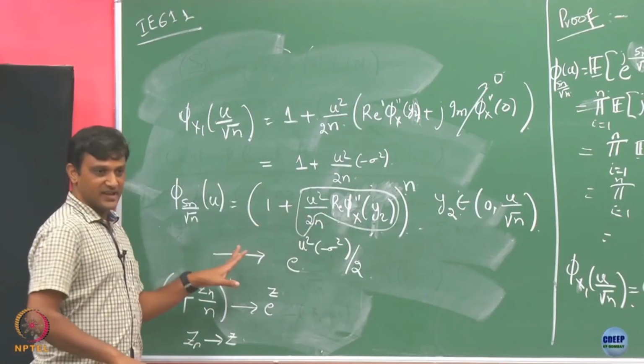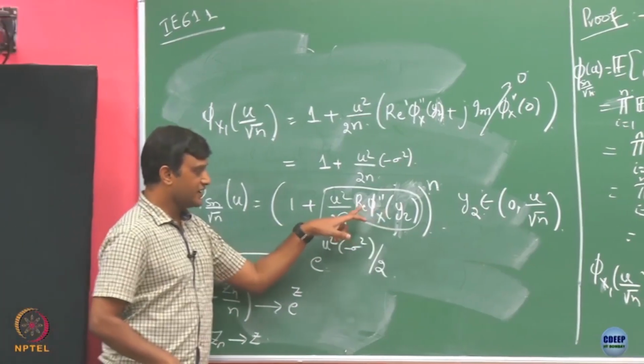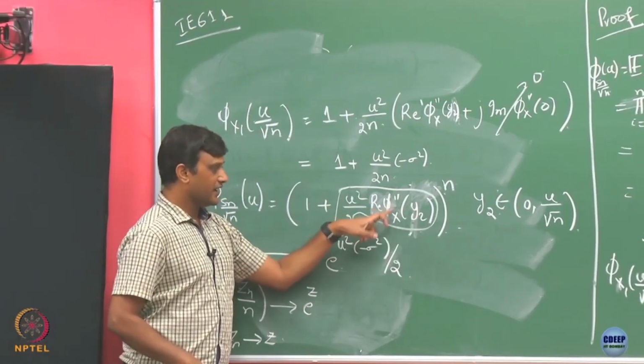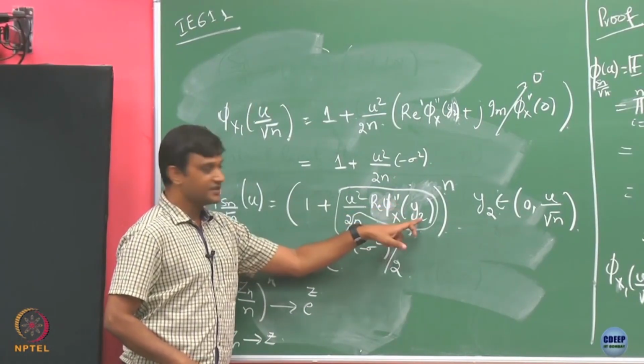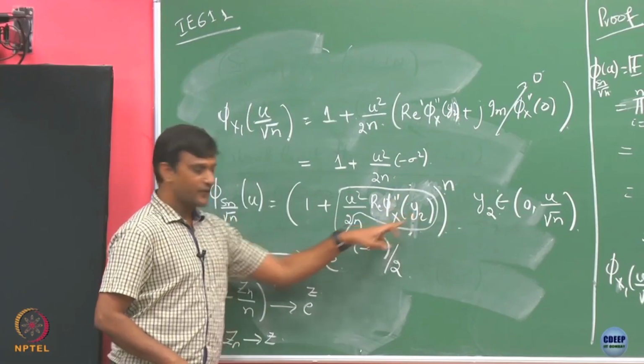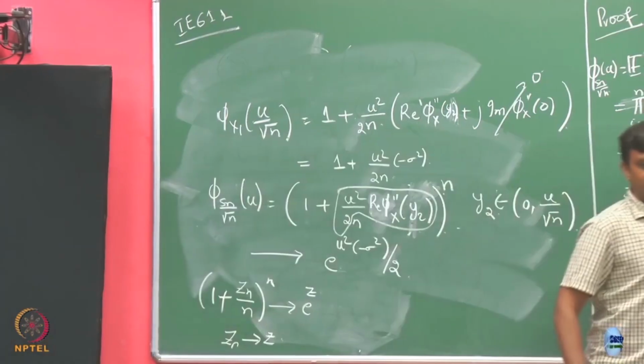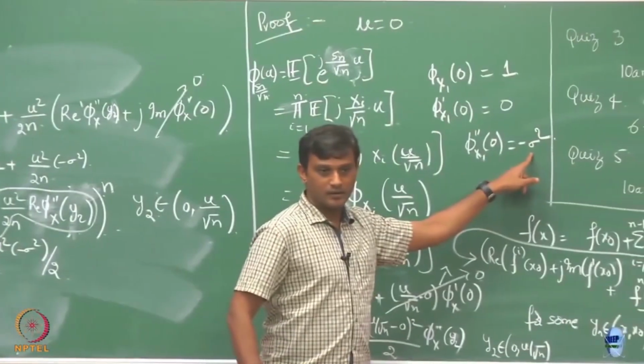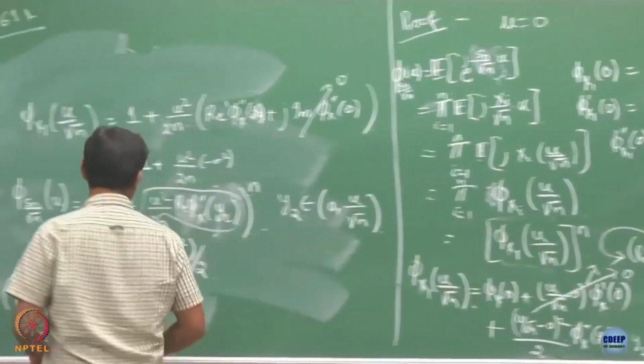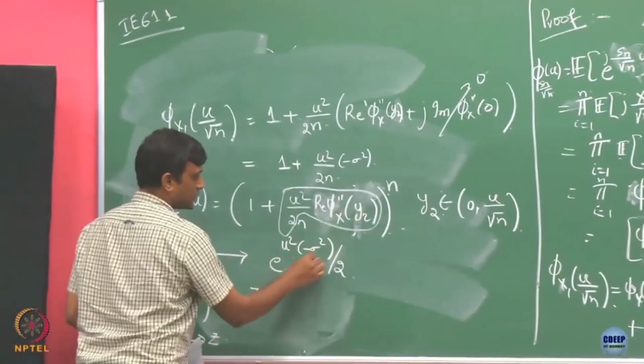U square by 2 remains like that. As n goes to infinity, this goes to phi double prime at 0, and that value is exactly minus sigma square, and that is why we get u square by 2 times minus sigma square.